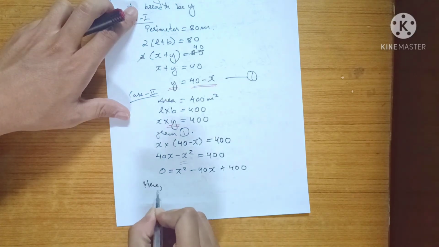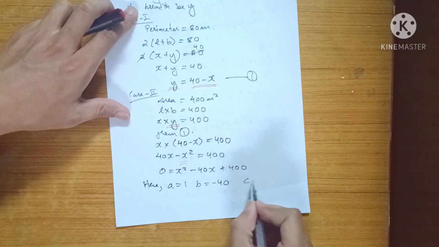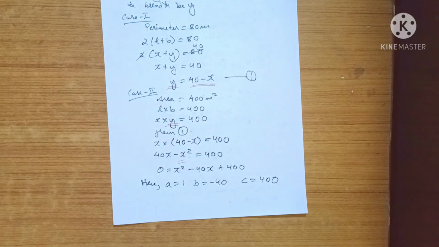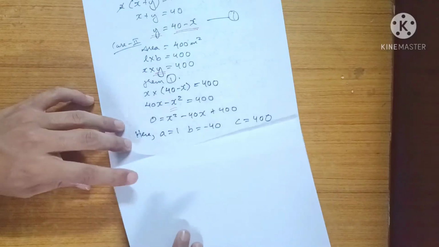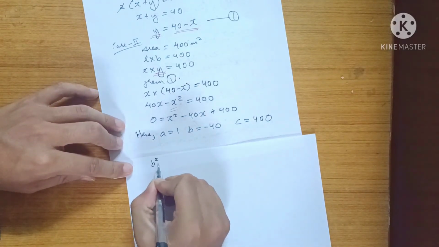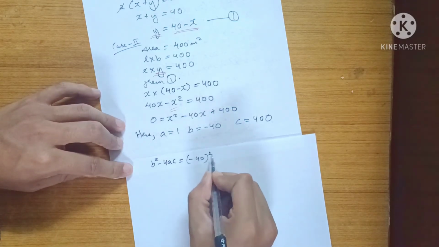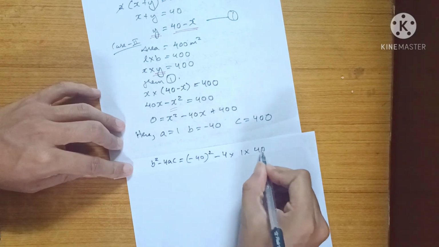So here a equal to 1, b equal to minus 40, and c equal to 400. Let's do b squared minus 4ac, equal to minus 40 squared minus 4 into a is 1 into c is 400.